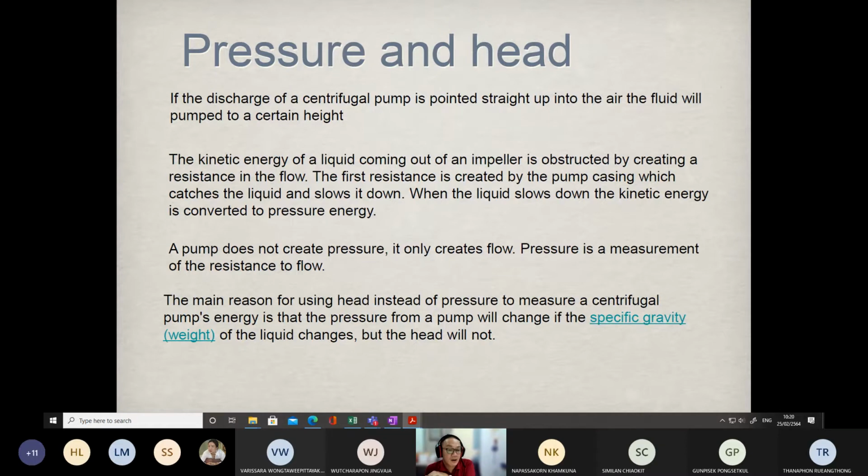Have you ever noticed that we always talk about the density or specific gravity of water? We normally say that one liter of water is equivalent to one kilogram.